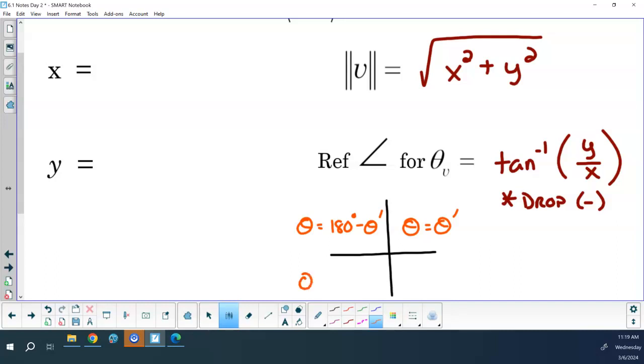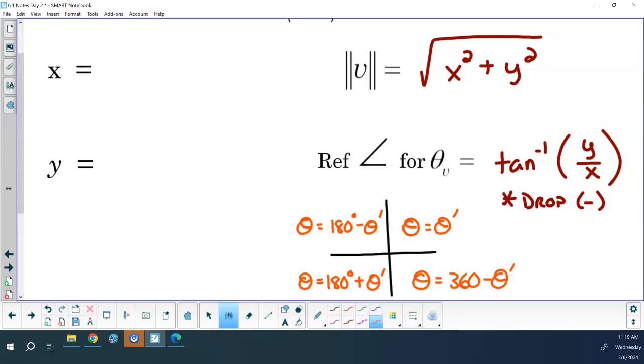My actual theta is 180 degrees plus my reference angle in quadrant 3. And my actual theta is 360 minus my reference angle in quadrant 4.